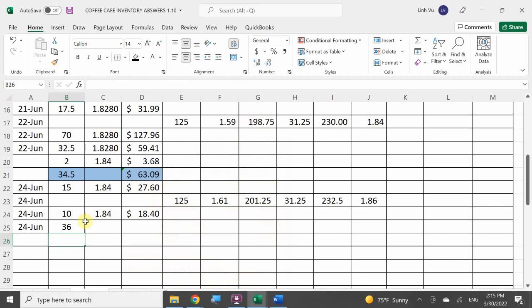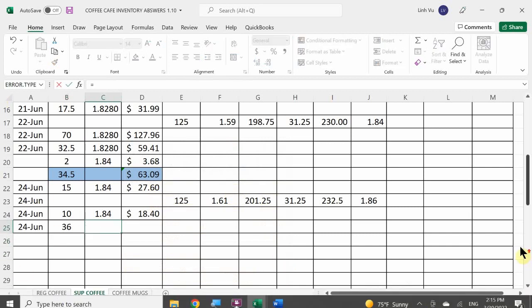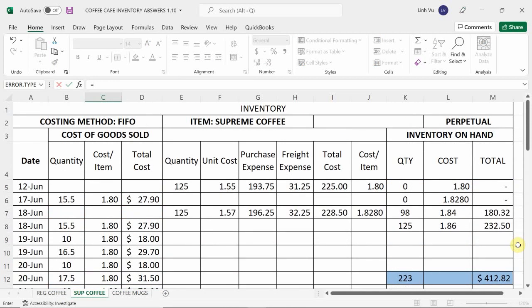Okay, at what price point? All right, at what cost? $184.